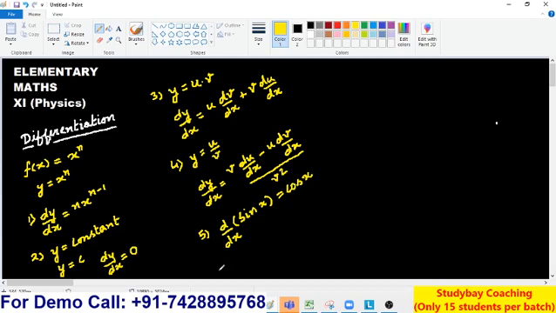In the same manner, d by dx of cos x will be equal to minus sin x.